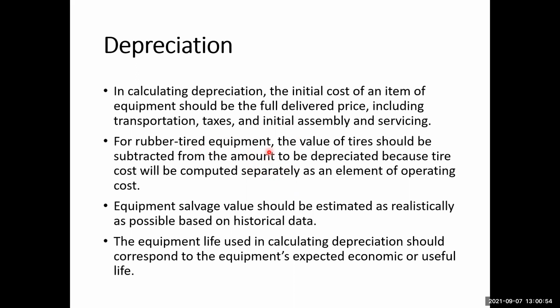So for rubber-tired equipment, the value of the tires should be subtracted from the amount to be depreciated, because the tire cost will be computed separately as an element of the operating cost. The tires can be considered operating cost elements because they have to be replaced more frequently than the other parts of the equipment.